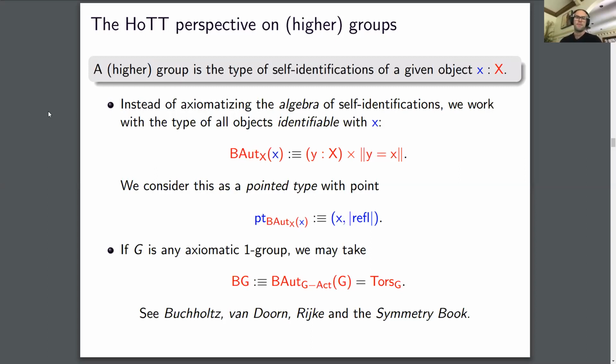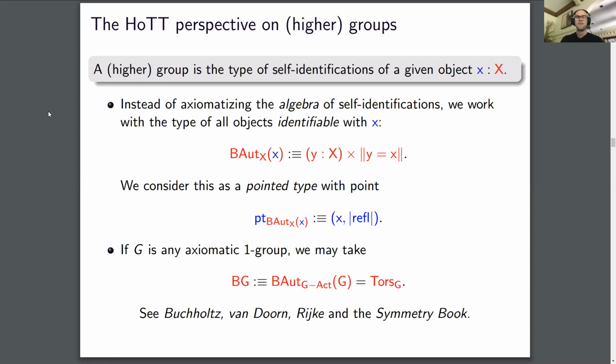And in fact, I put the word higher here in parentheses because this is a shift of perspective on what it means to be a group in the traditional sense. It's also going to be our definition for a higher group. So we'll come back and redefine what it means to be a regular group out of a higher group.